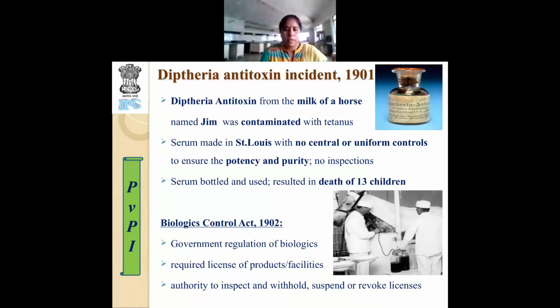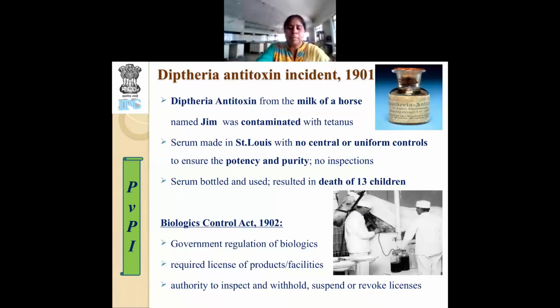After administering it to children, 13 children died. After this diphtheria antitoxin incident, the US federal government established the Biologics Control Act in 1902.